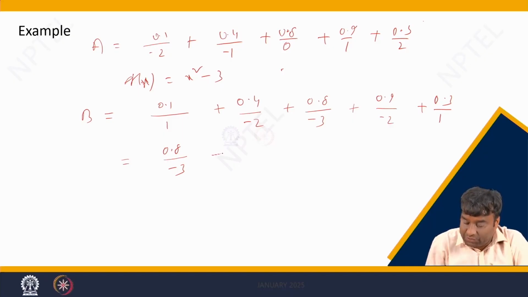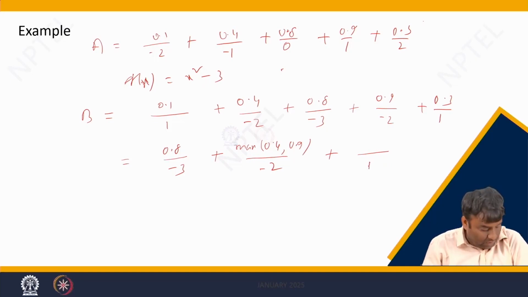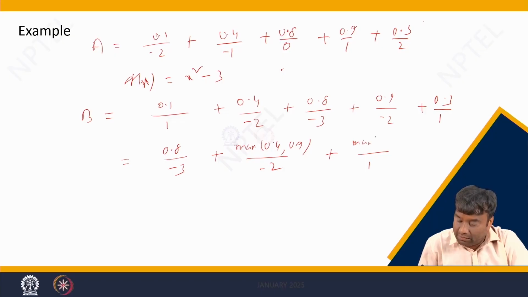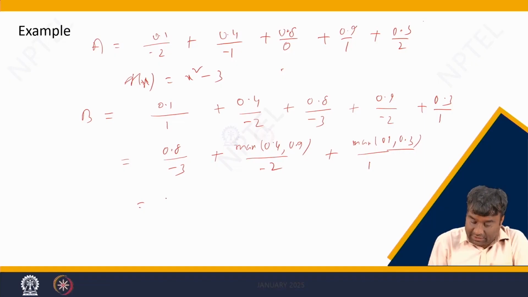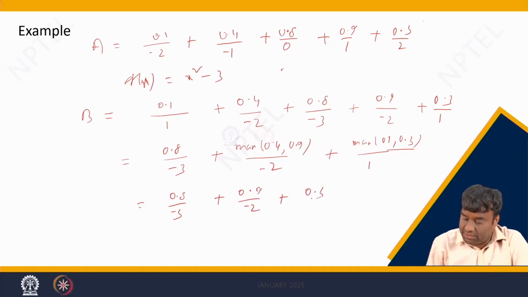Now for minus 2, we need to take the maximum of 0.4 and 0.9, then plus the maximum of 0.1 and 0.3. So we'll get 0.8 by minus 3 plus 0.9 by minus 2 plus 0.3 by 1.